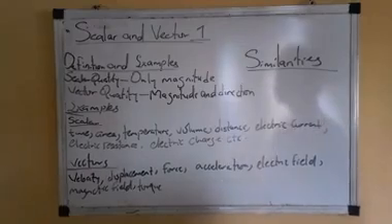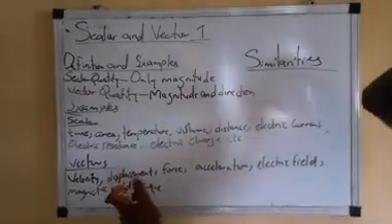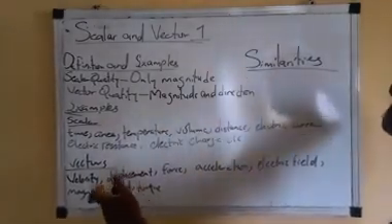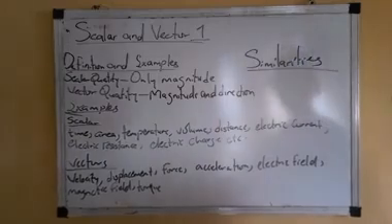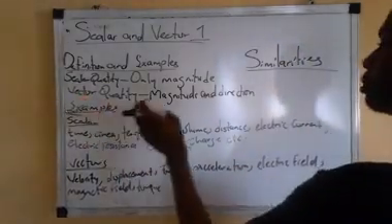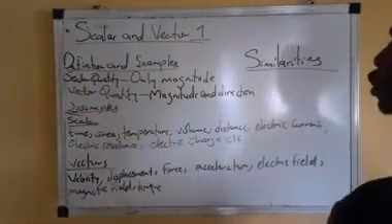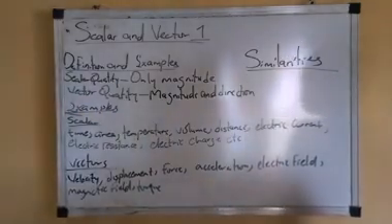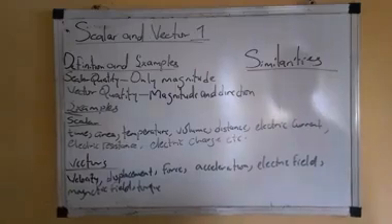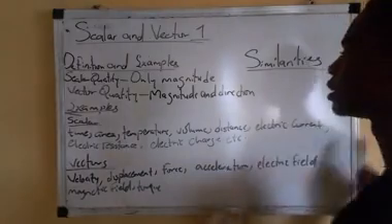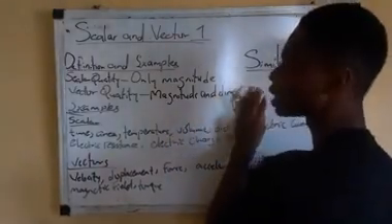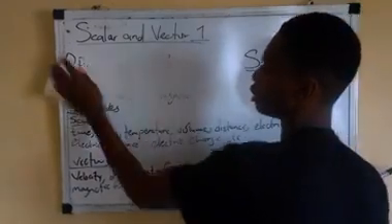Because I wrote it under the differences, I have to change that to examples. So these are the definitions and examples of scalar and vector quantities.